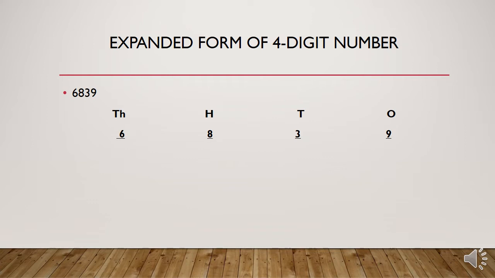As the name of the column suggests, the ones column has place value 1. The tens column has place value 10. The hundreds column has place value 100, and the thousands column has place value 1000. Whatever number is placed in these columns is multiplied by the column's place value.